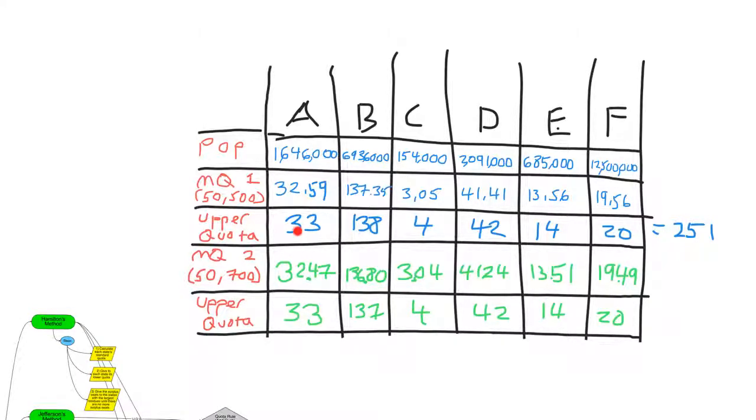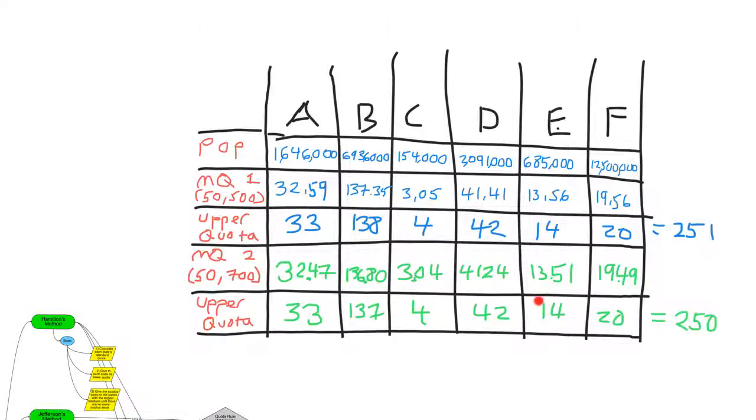The upper quotas here match, the upper quotas here match, and so on. But by bumping this up, we were able to get this upper quota one less than 138, and that will definitely result in the sum of 250, which is the target amount since there's 250 Congress seats.